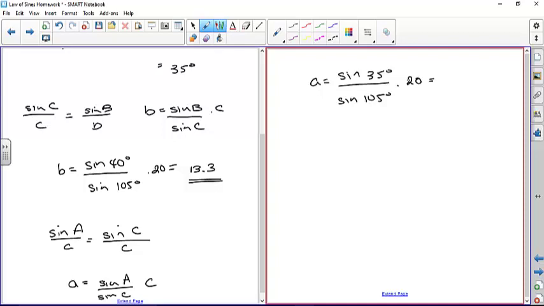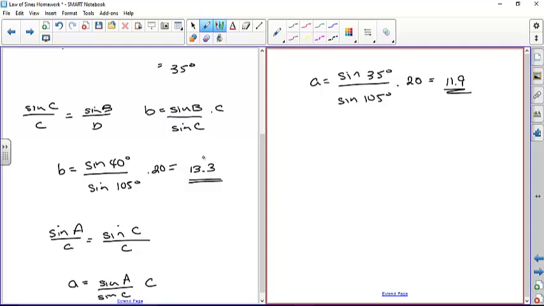So we get the sine of 35 divided by the sine of 105 times 20. So we get 11.9. And again, that makes sense because here we have 35 degrees, here we have 40 degrees, so the one that has a higher angle should have the longer side.